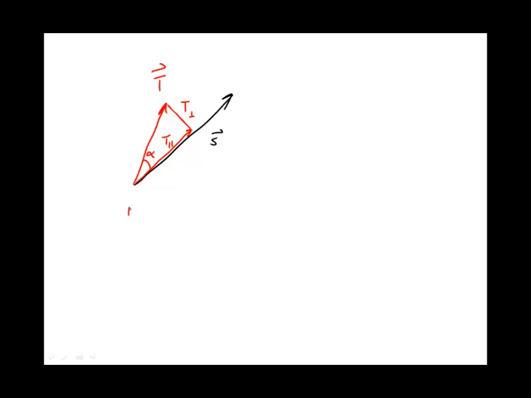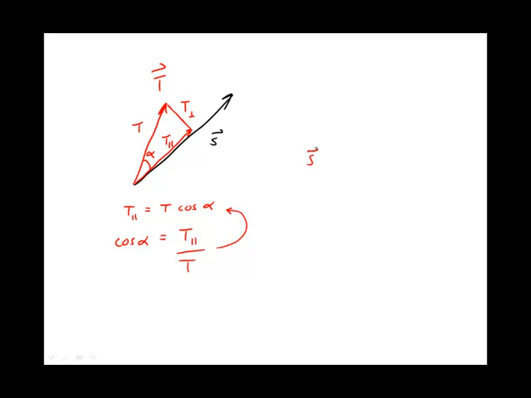And so I can see that T parallel is equal to the magnitude of T, so that's just the size of this side, that's the hypotenuse, times the cosine of alpha. Or I might write it this way, the cosine of alpha equals T parallel over T. T parallel is the adjacent side, and the hypotenuse is T. And so that just rewrites in this direction, where T times cosine of alpha is T parallel.